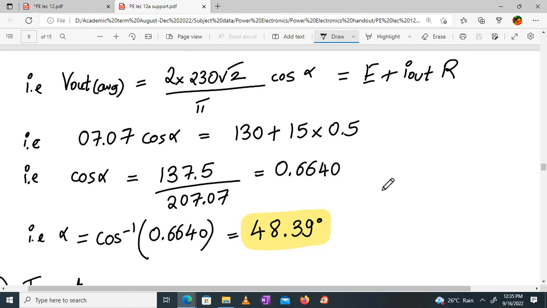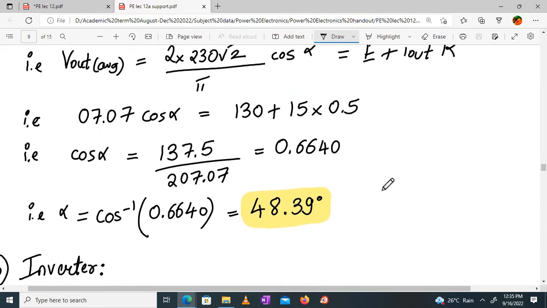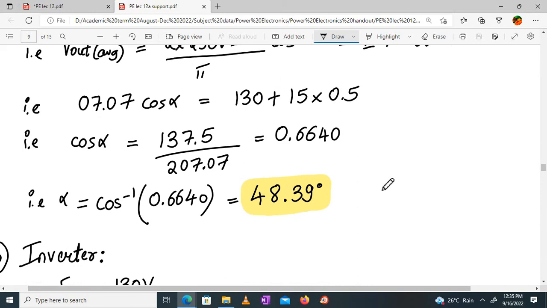Any results? Alpha? Calculate yourself. So till the time, just confirm fast.